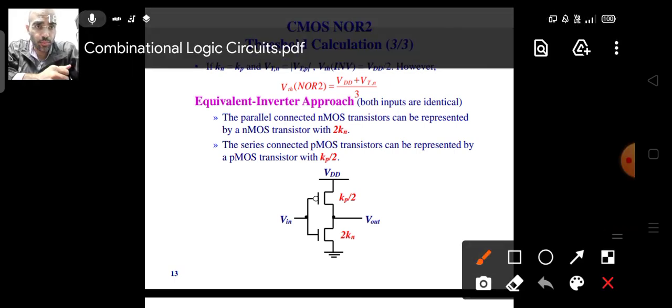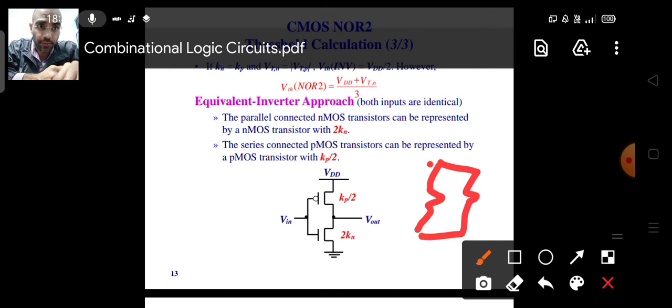As you know, in the case of your NOR gate, the NMOSes come in parallel. So if I draw two resistances in parallel, then you see what happens. Assume that the resistance of this device depends upon W by L. The length remains the same, whereas the width is becoming double.